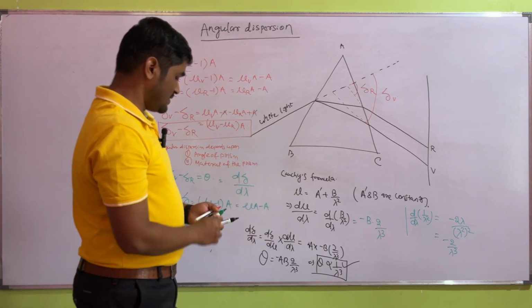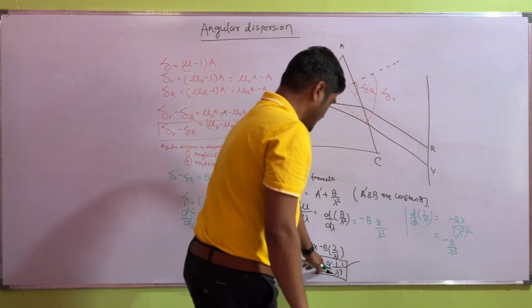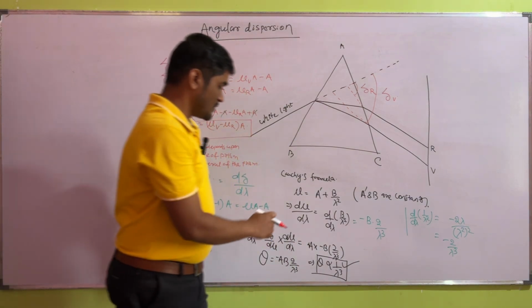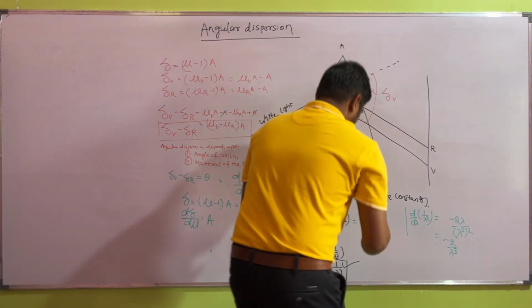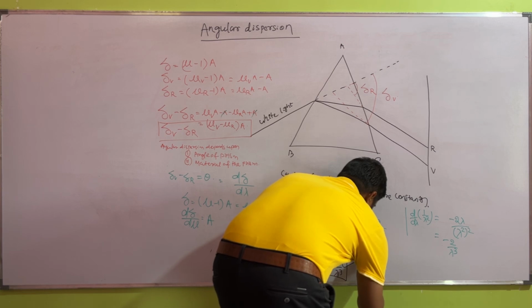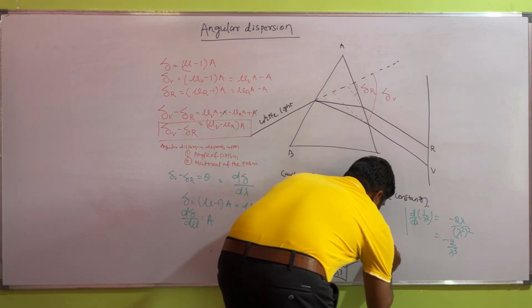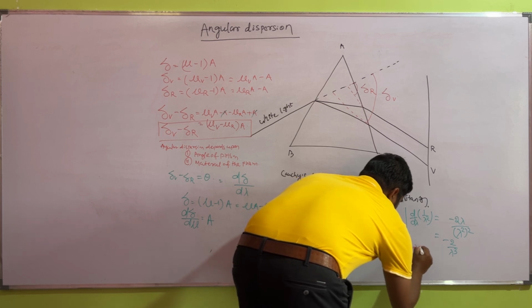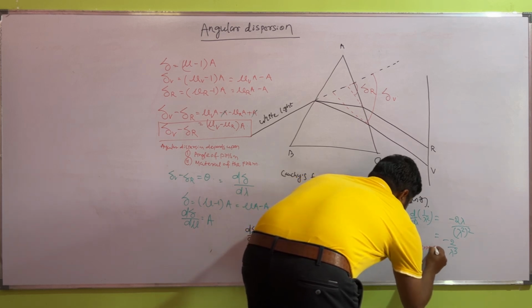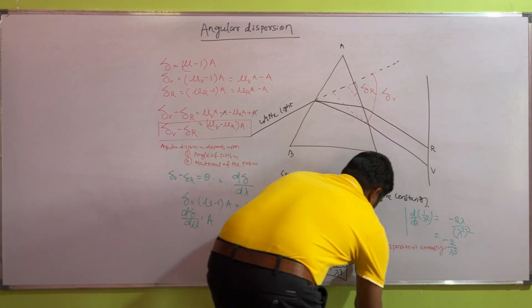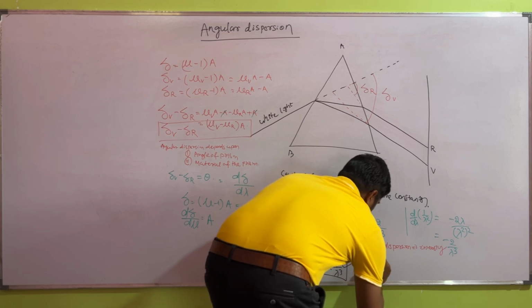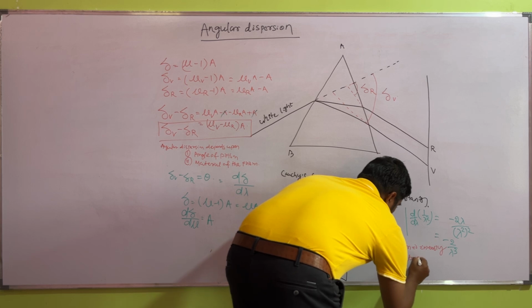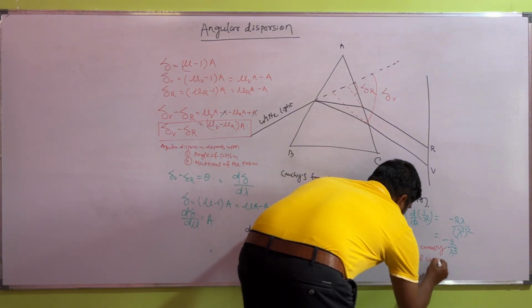So we can write: angular dispersion is inversely proportional to the cube of wavelength.